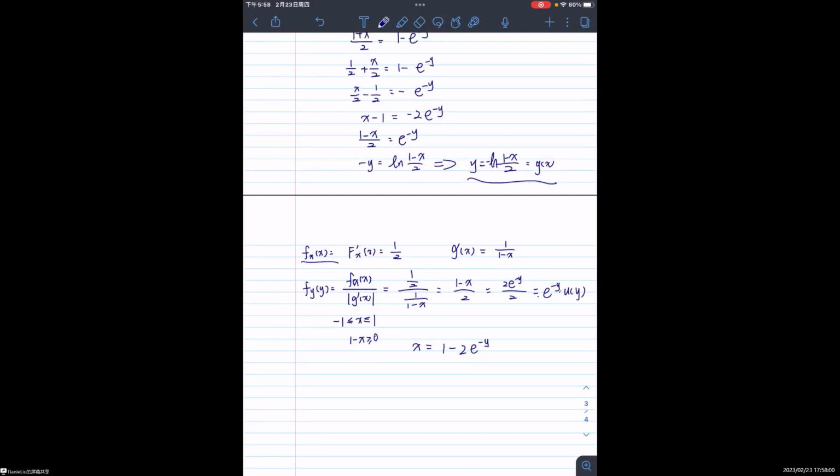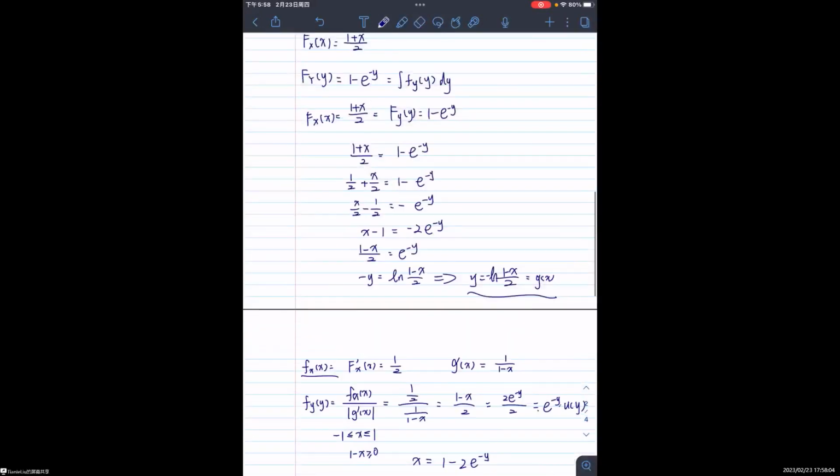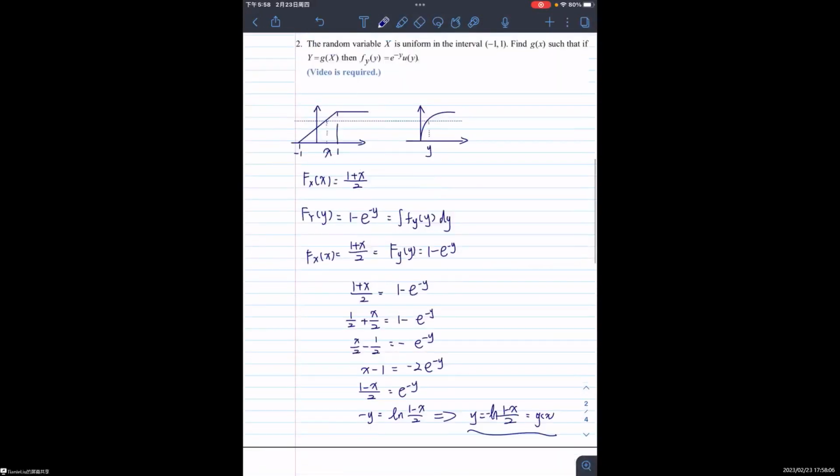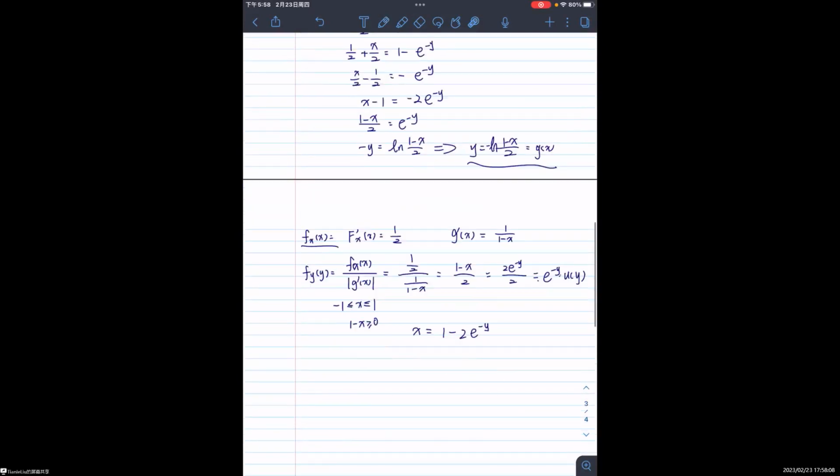Thus we tested it and found it satisfies the problem description. This proves that we have the right g(x), which is g(x) equals negative ln of (1 minus x) over 2. And that's the answer for this question.